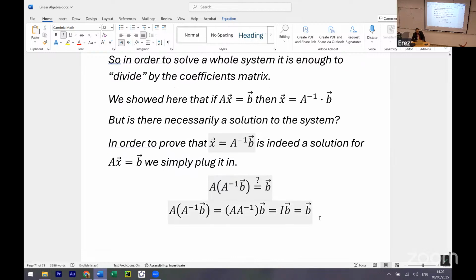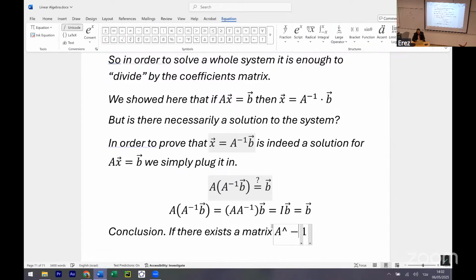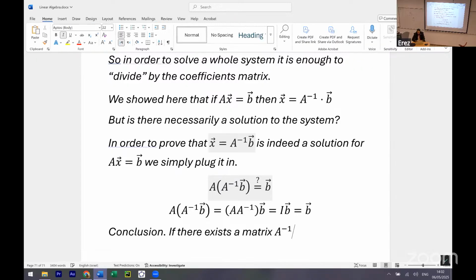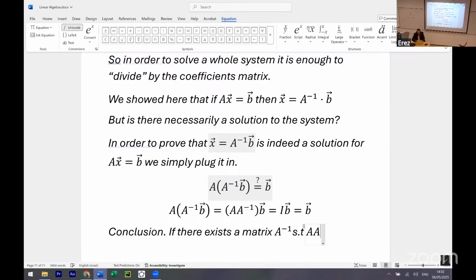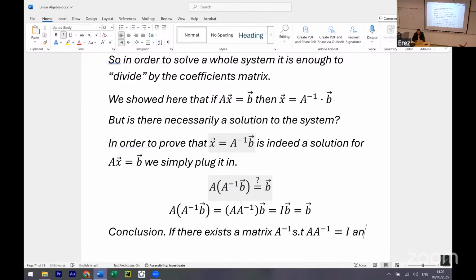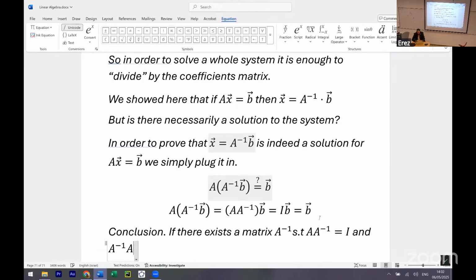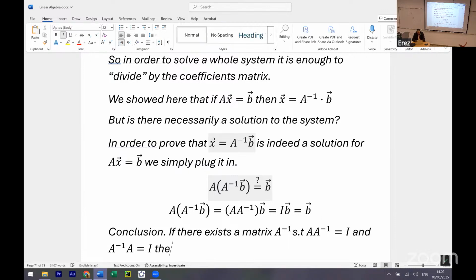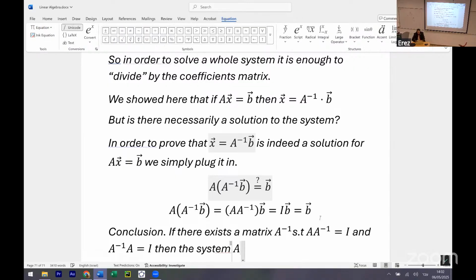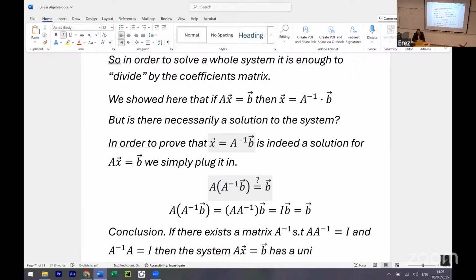Okay. So the conclusion of what I've just written: if there exists a matrix, an inverse matrix, A minus 1, such that A times A minus 1 equals I, and A inverse times A equals I, then the system AX equals B has a unique solution.